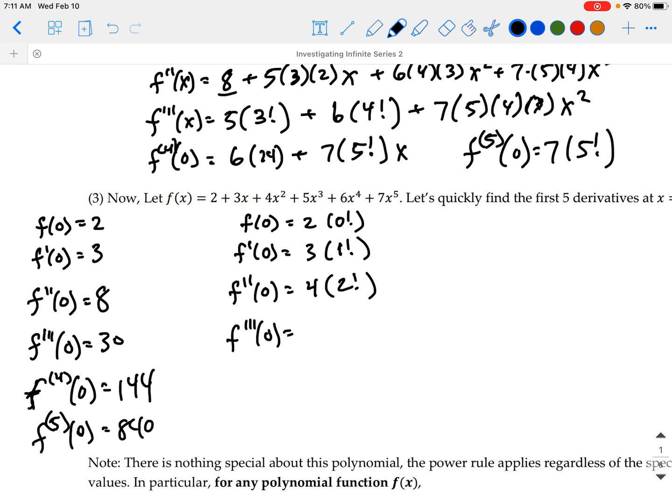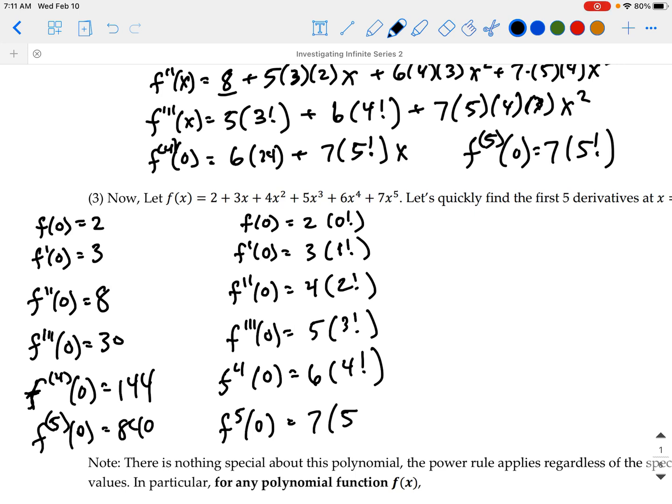F triple prime of 0 was 5 times 3 factorial. And the fourth derivative at 0 was 6 times 4 factorial. The fifth was 7 times 5 factorial.